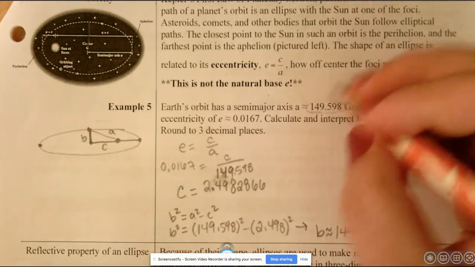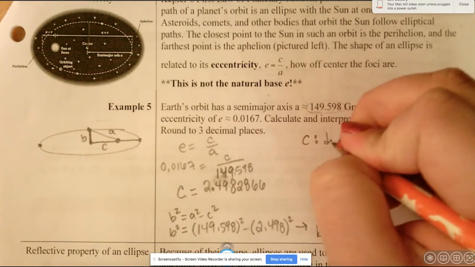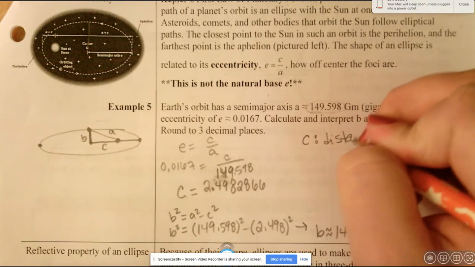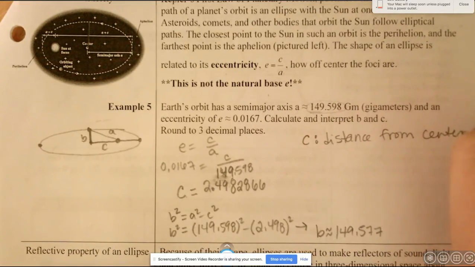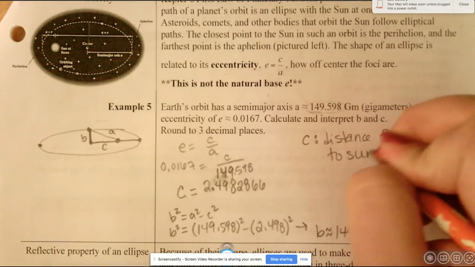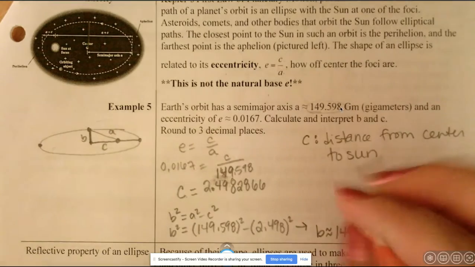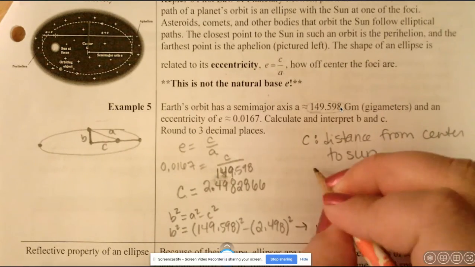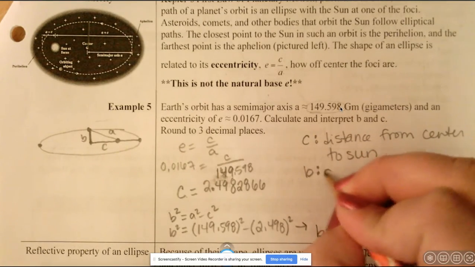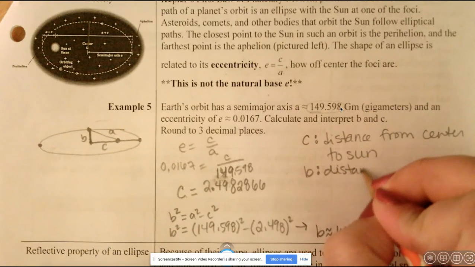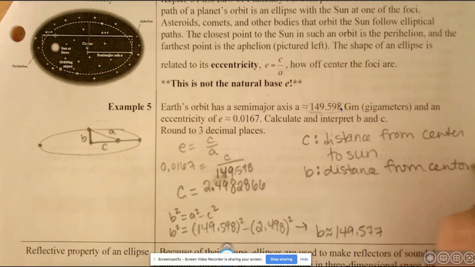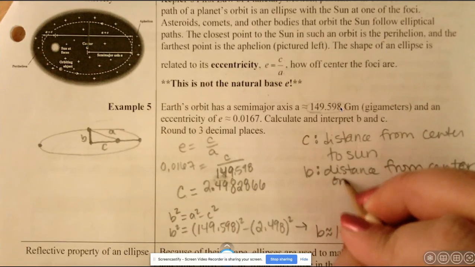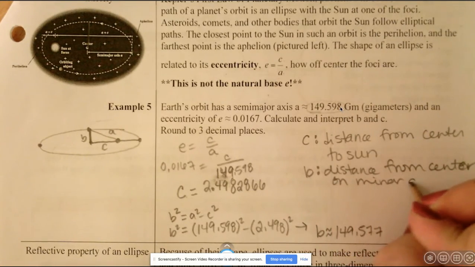Okay, so C is the distance from center to sun, and B is the distance from center on the minor axis.